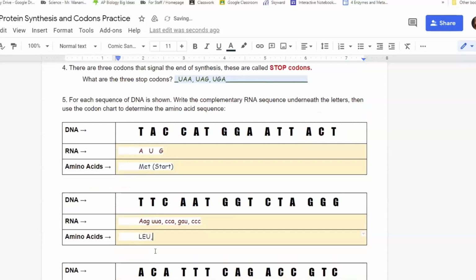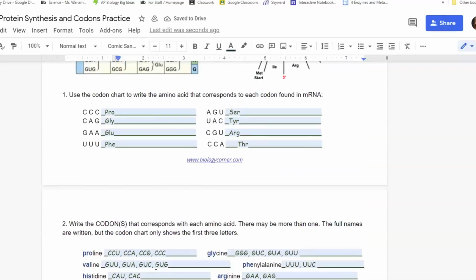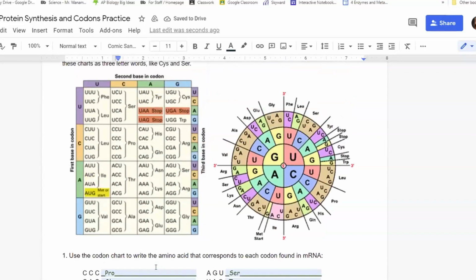So leucine, PRO, proline, aspirin, and stop. Or no, wait. No, I was looking at the wrong thing. No, CCC shouldn't be a stop. No, yeah, I was looking at the wrong thing. CCC, Pro, yeah.